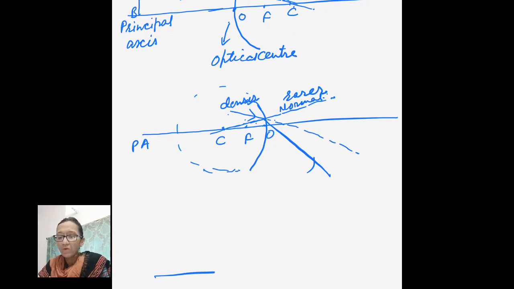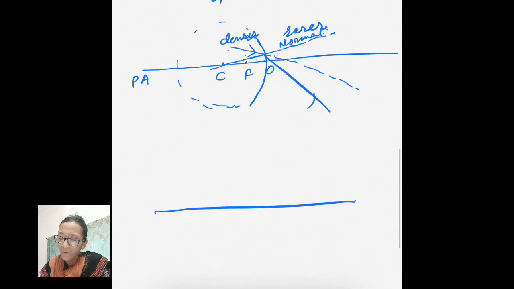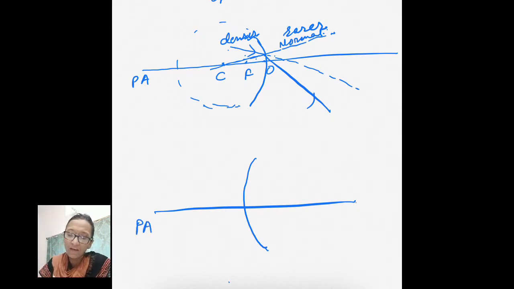When you combine the two figures, let me delete this and take a proper curved surface, the halfway of which is your principal axis. Here you have the principal axis.